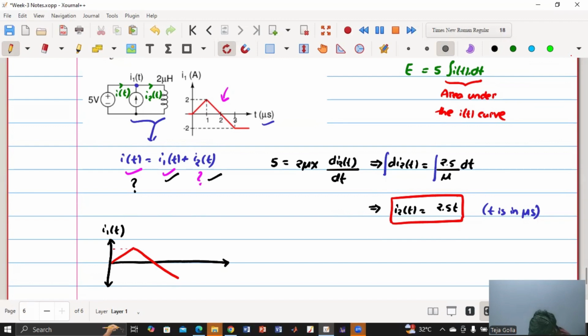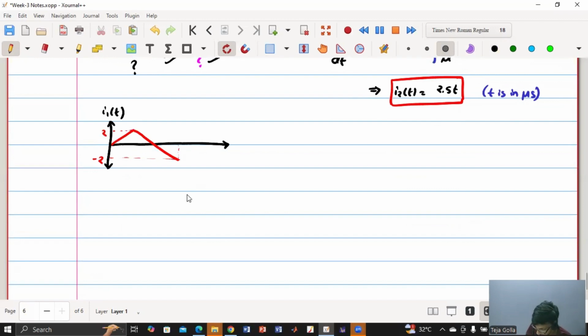This is 2 and this is -2. This is I1 of t, and the time is t, and this is 1 micro, this is 2 micro, this is 3 micro, and now this is I2 of t.